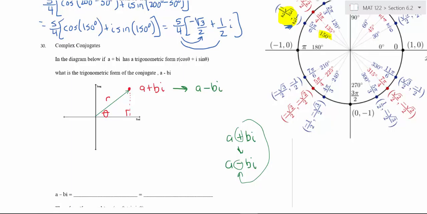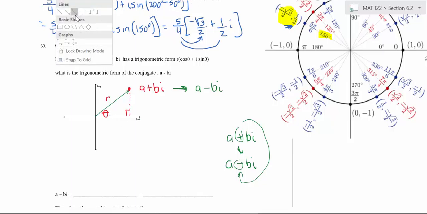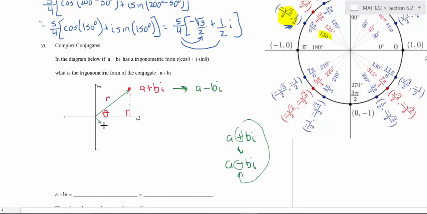So let's go ahead and graph that. Again, on this, let's just put a radius like we did before, trying to make the angle the same. All right, so this point is going to be the conjugate, a minus bi. And again, you can make a right triangle to that, and I'm going to call that theta, and maybe theta prime.